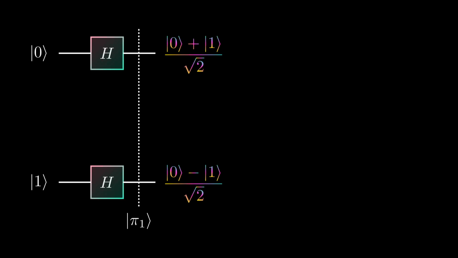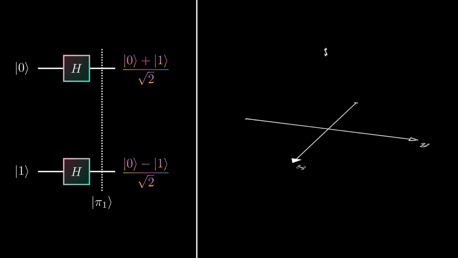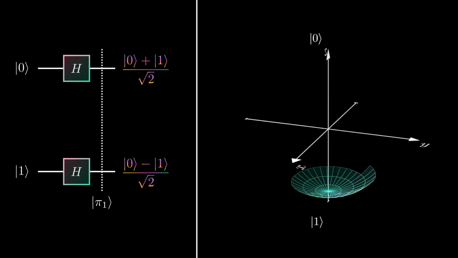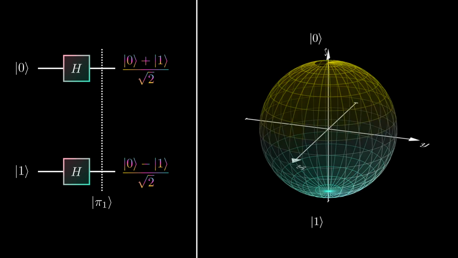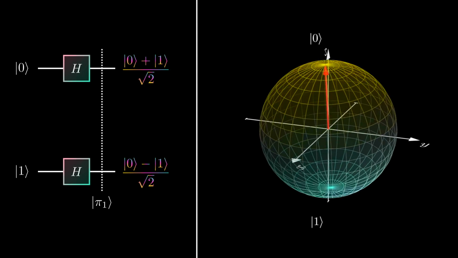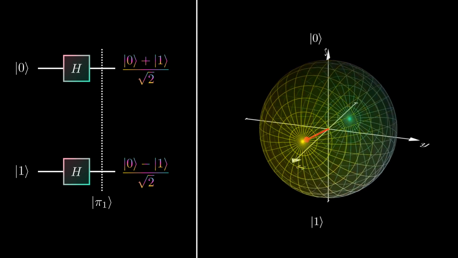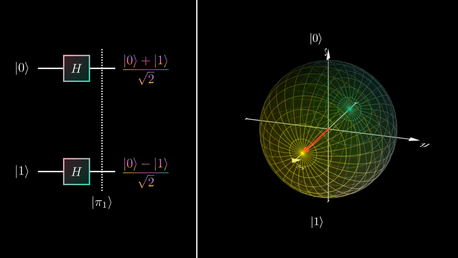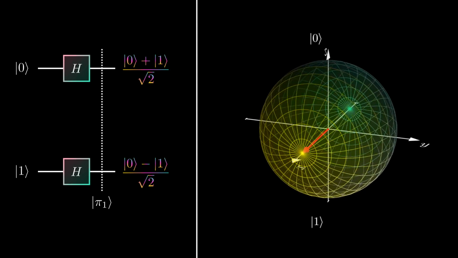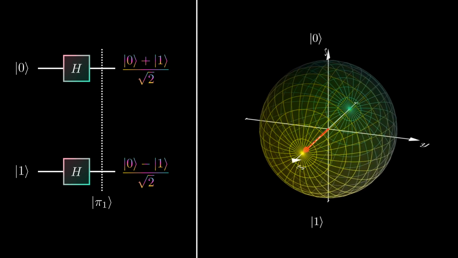To visualize one more time how the Hadamard gate transforms the input states, let's go back to the Bloch sphere. As I said in the previous video, the Hadamard gate can be understood as first a rotation about the y-axis by 90 degrees, followed by a 180-degree rotation about the x-axis. If we perform these rotations on 0, we get the same output, and likewise for 1.